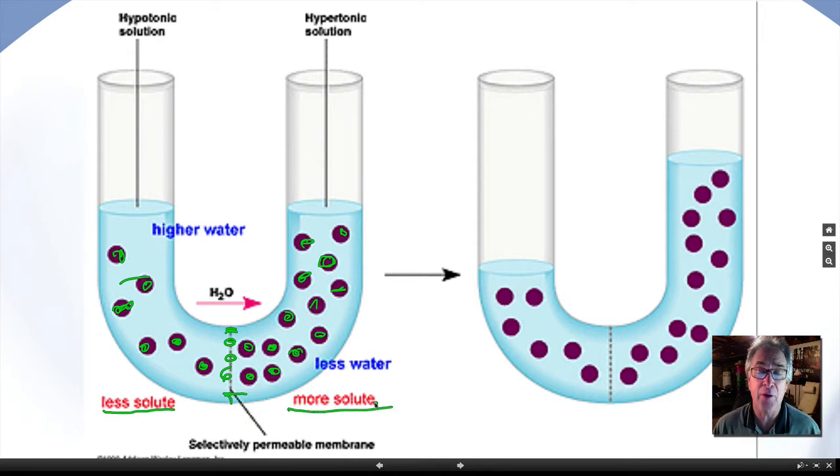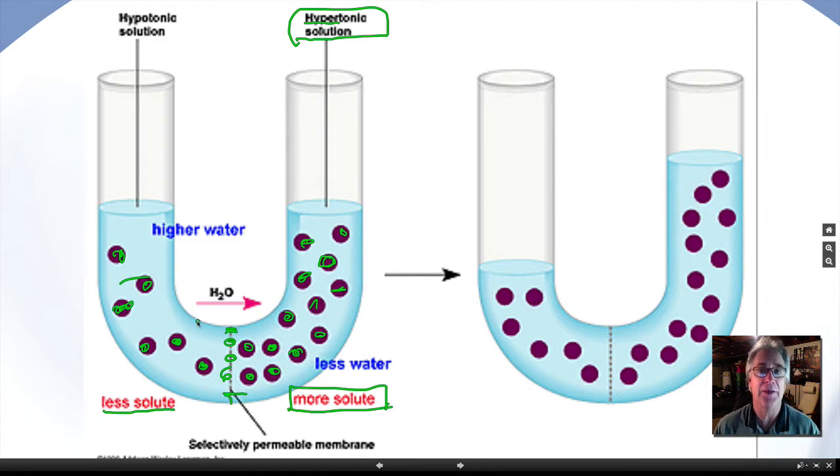Now, another way to look at it, because it has more solutes, or solid things that are dissolved into the solvent, is what we call hypertonic. Hyper means, of course, it has more pressure on it, so there are more particles in here. Whereas hypotonic means there are fewer particles on this side.